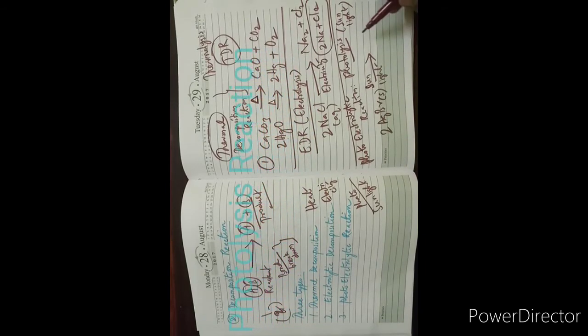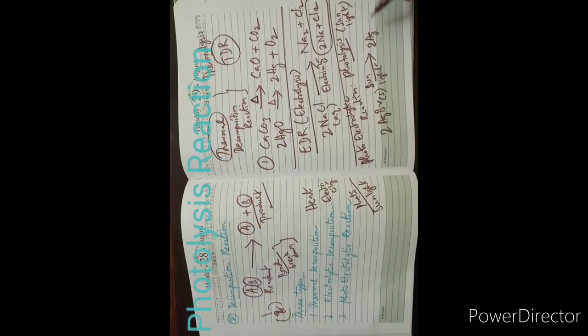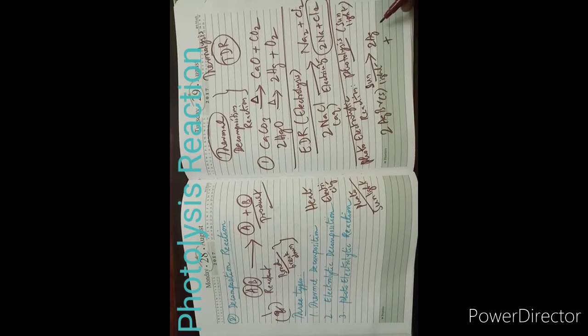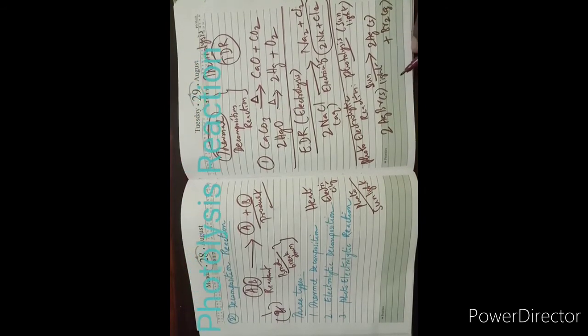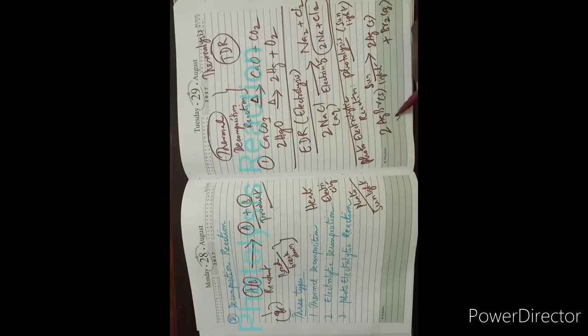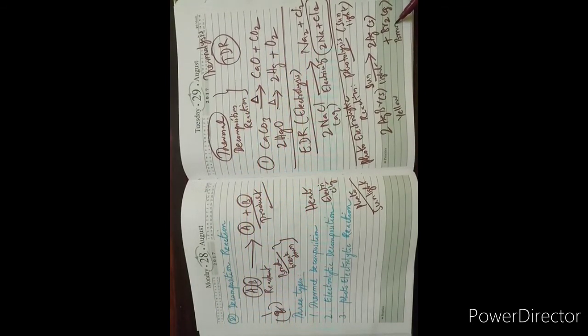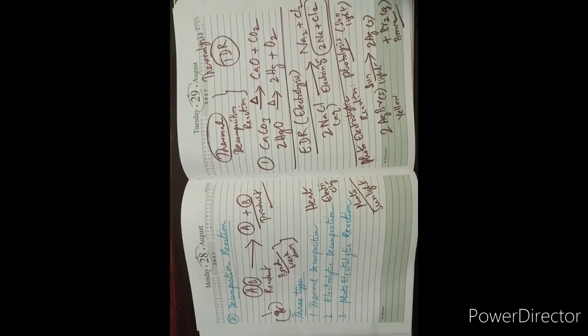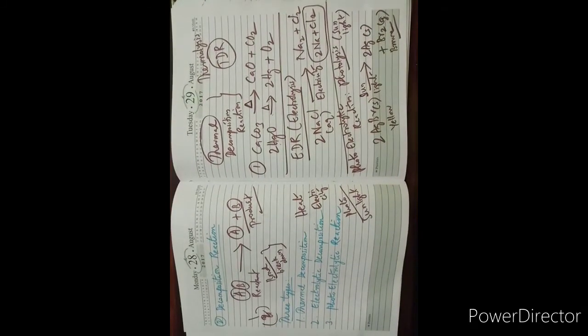It will change into 2 moles of silver, which is solid, and bromine, which is in the form of gas. How can we identify it? Initially it will be in yellow color, then it will change into brown or lightish black color. So let me show you about this in the book.